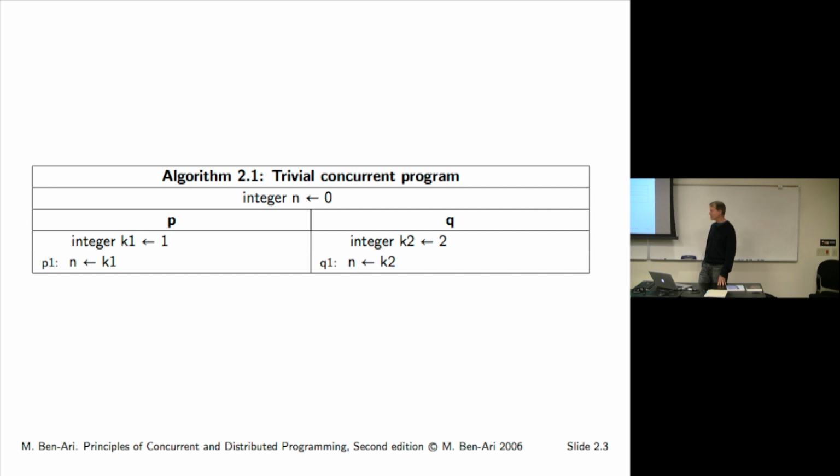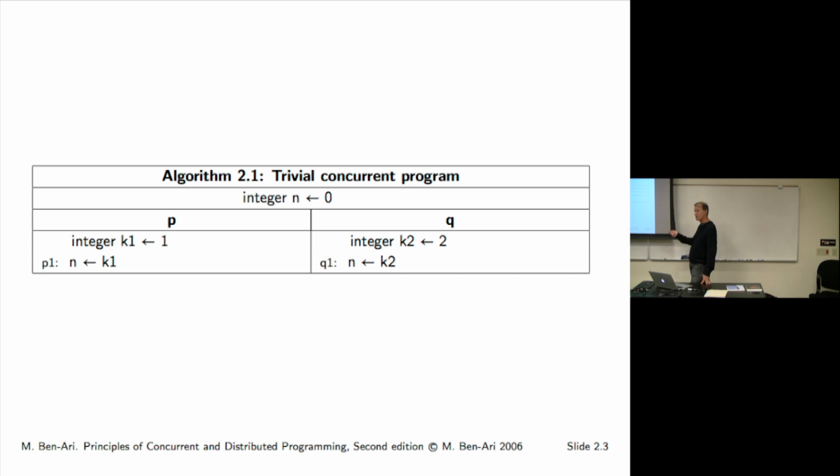Well, k1 was initialized to 1, so what would the final value be? Whereas on the other hand, does everybody understand that if we run these two concurrently, we cannot predict exactly what the final value of n would be?